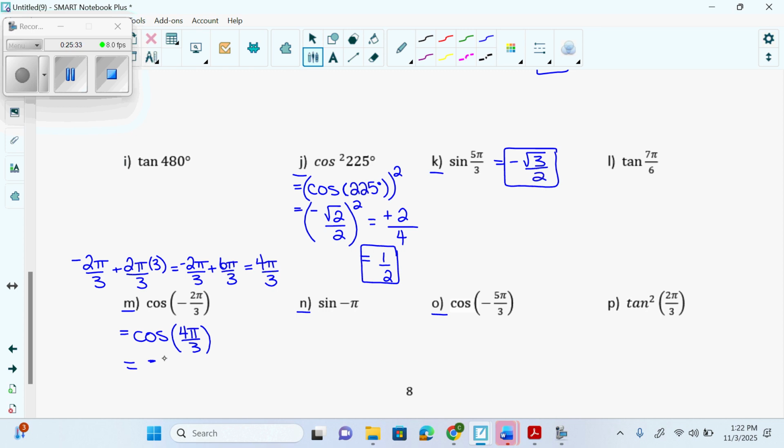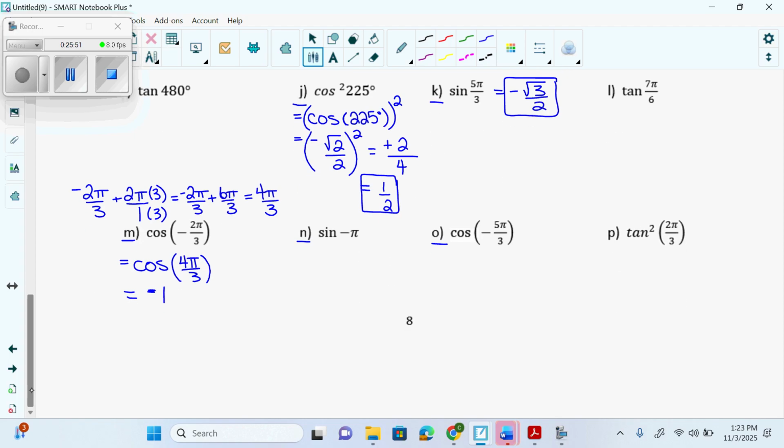Negative? This was a 1. 2 pi. I knew not writing the 1 was going to lose half the people, but I brought it back. Sorry, that was my bad. So it's negative 1 over 2.